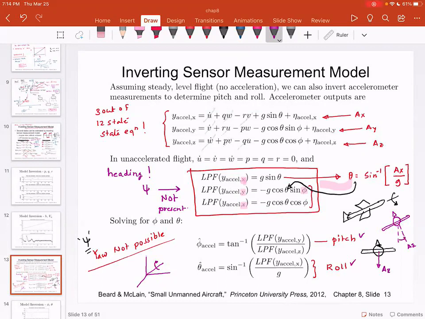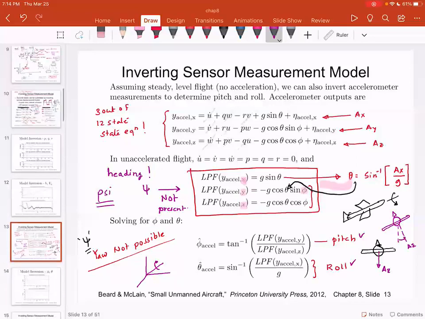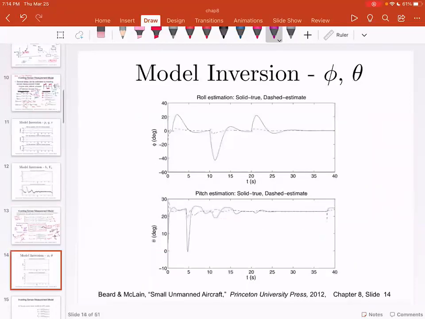But one thing I want you to understand, nowhere in this equation is psi or heading. So you cannot find out the value of yaw, or the value of psi, from just accelerometers. You need a compass. I'm going to discuss one more thing here.